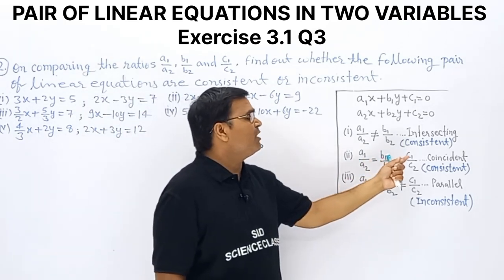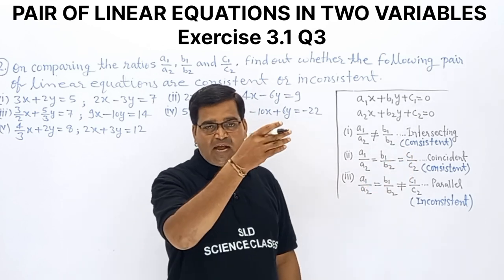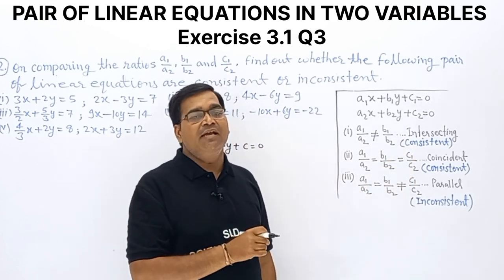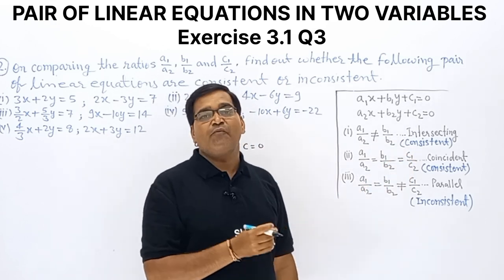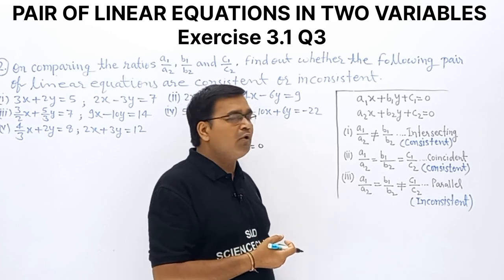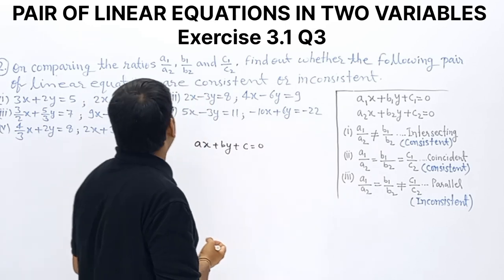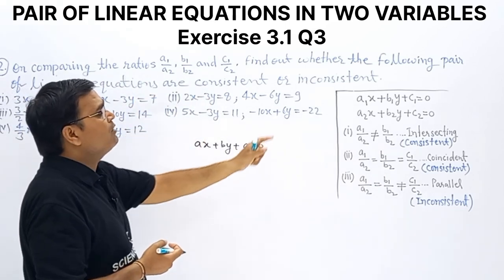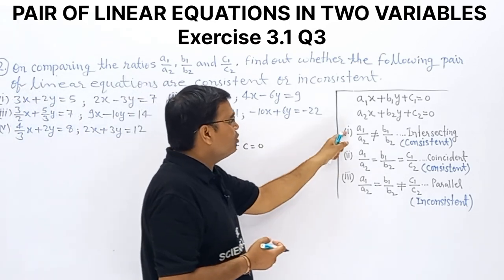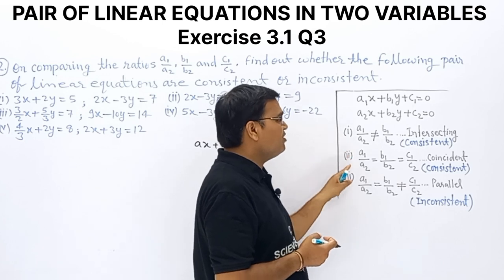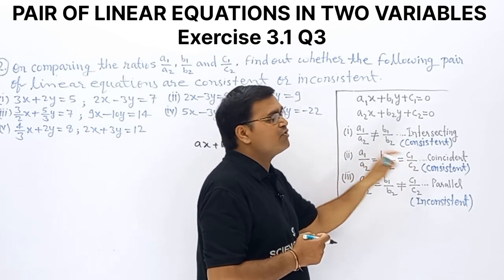This relation shows we are having a pair of linear equations that are coincident, and the pair is consistent. In both cases we are getting consistent.